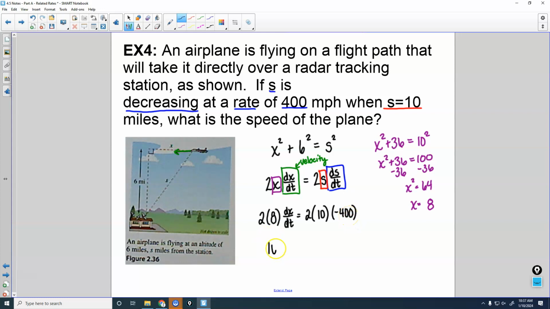So we've got 16 dx/dt equals, this is going to be negative 8,000. And we will divide by 16.